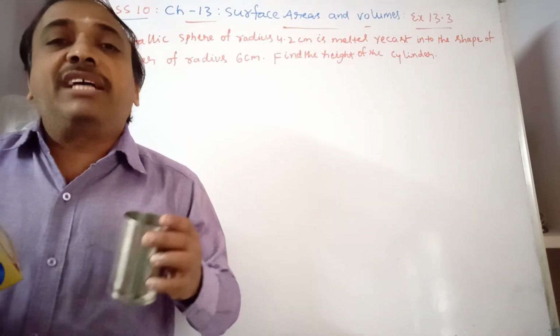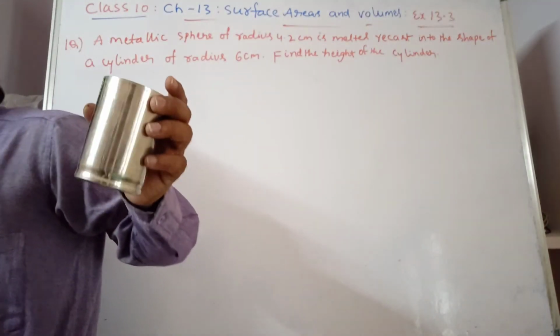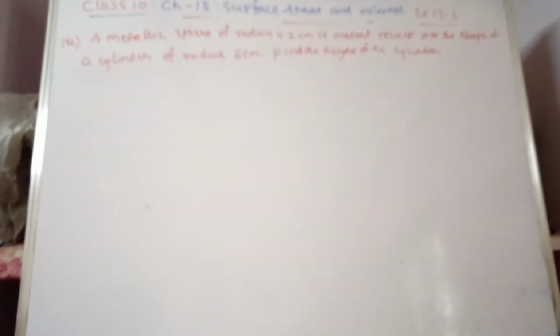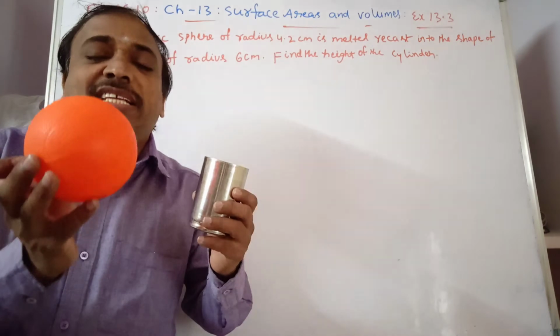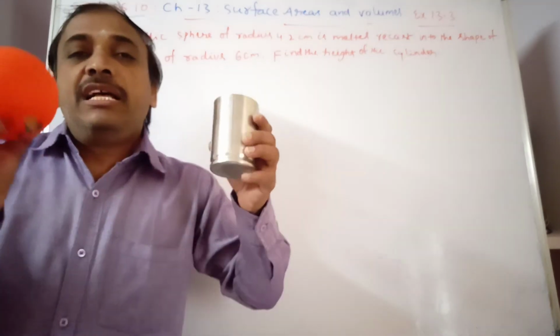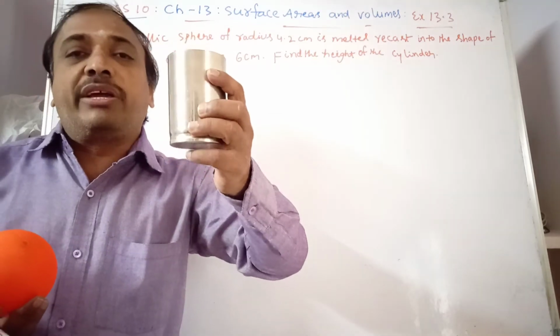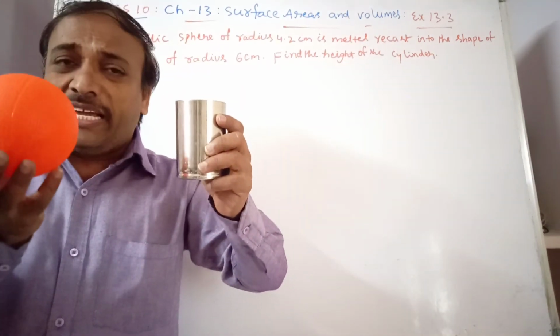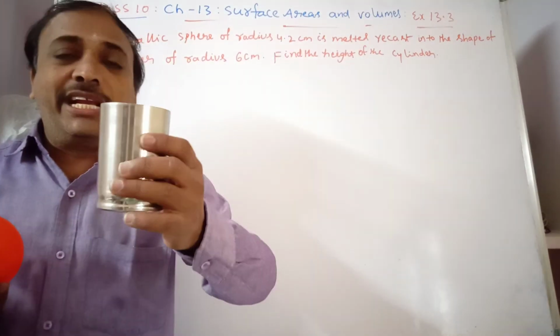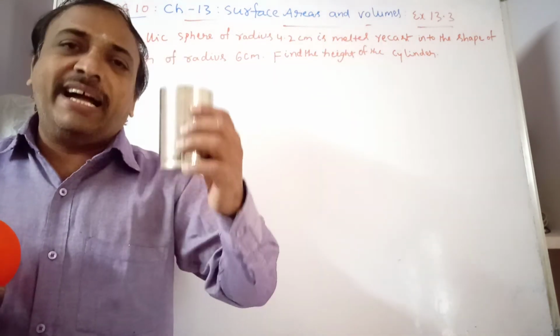Similarly, they may ask about conversion of a sphere into a cylindrical shape. The radius of the sphere is given and the cylinder radius is also given. The solid sphere is melted and recast into a solid cylinder. What is the height of the cylinder?